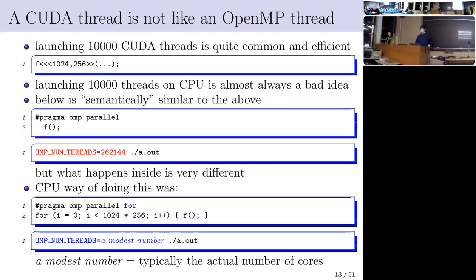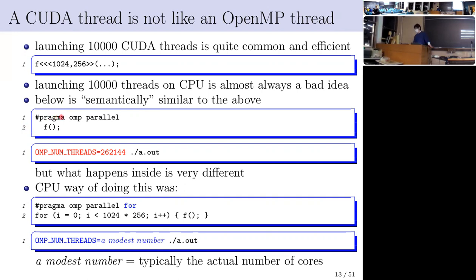When you compare this to OpenMP, launching even 1,000 threads, let alone 10,000 threads, on CPU using OpenMP, using this OMP parallel, is almost always a bad idea, even if they are semantically in a way very similar and almost identical.